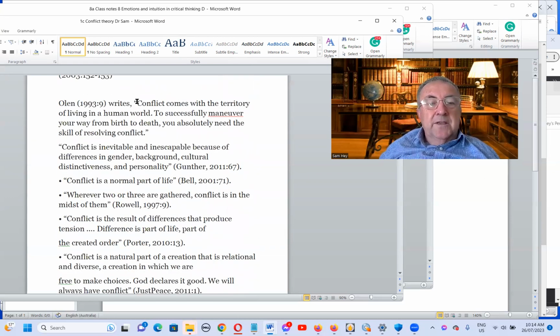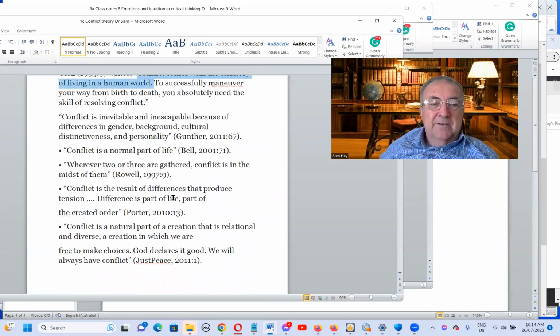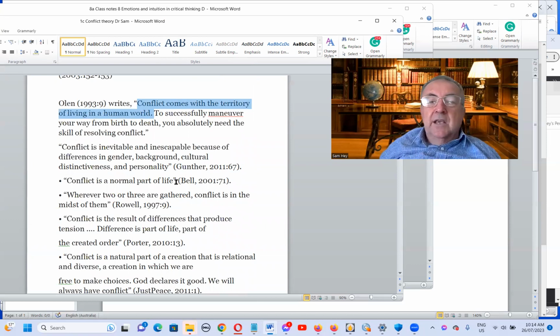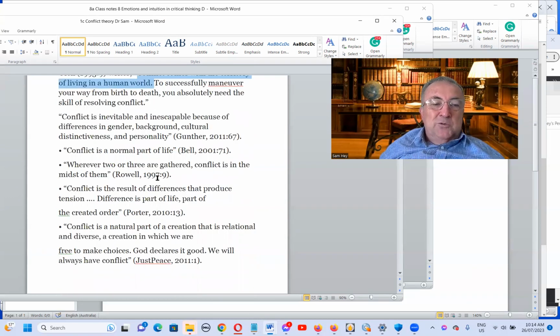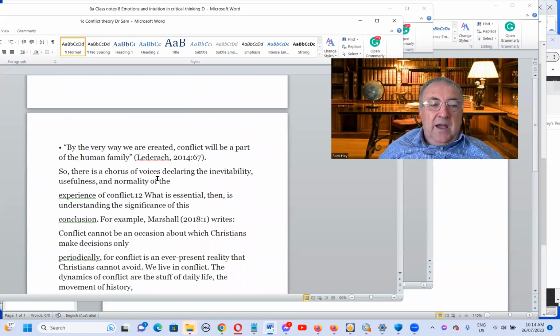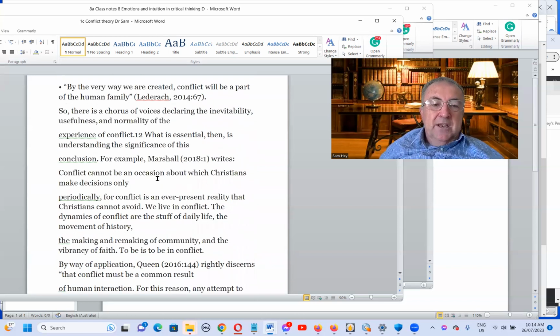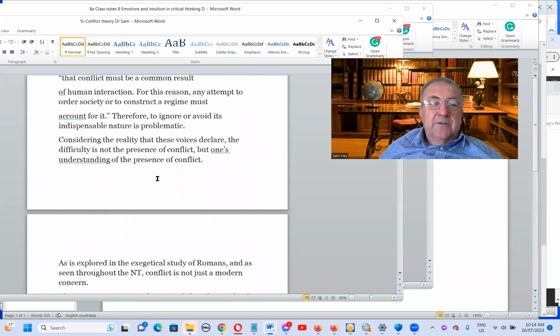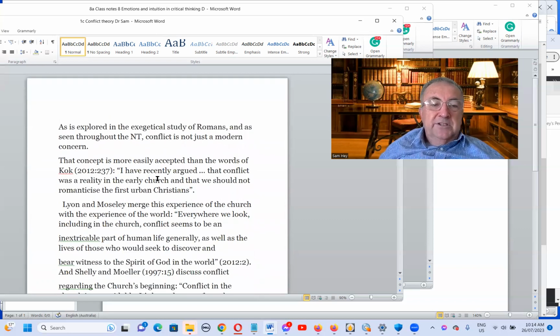Olson writes, conflict comes from living in a human world. And part of being human means that we have different desires and values, which can differ to the person next to us. And if you've got 20 students, there can be 20 different desires, 20 different viewpoints. And so understanding conflict can help us to understand these different viewpoints and the different desires.